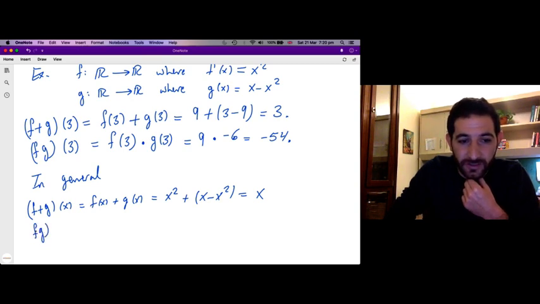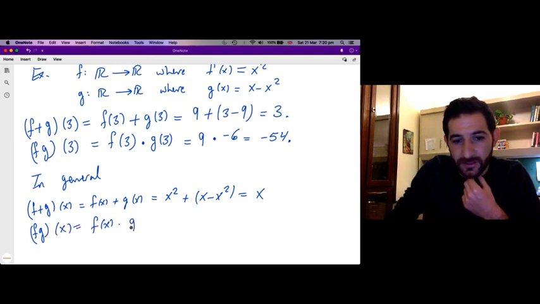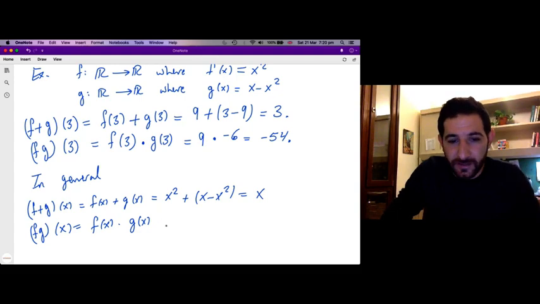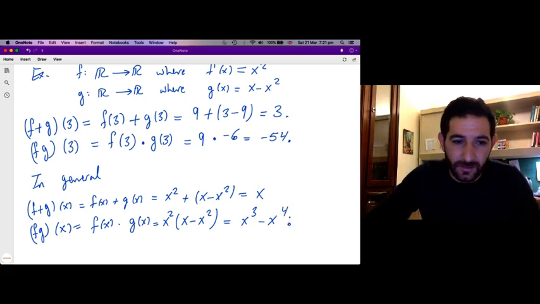And f times g of x is f of x times g of x, where f of x is x squared and g of x is x minus x squared. So if you want, this is x cubed minus x to the power 4. So this says that the image of x under this new function f times g is x cubed minus x to the power 4.